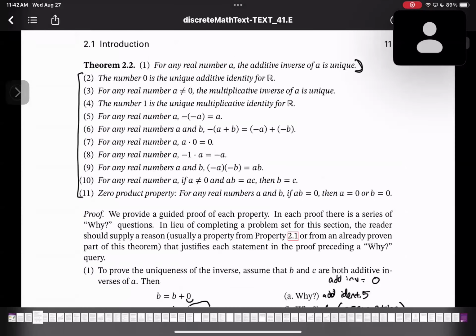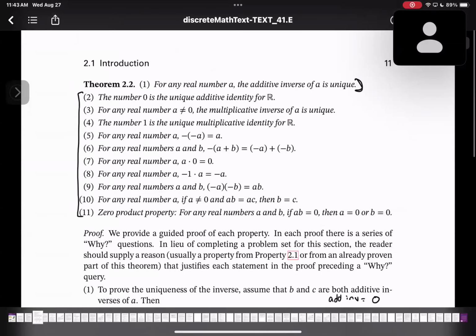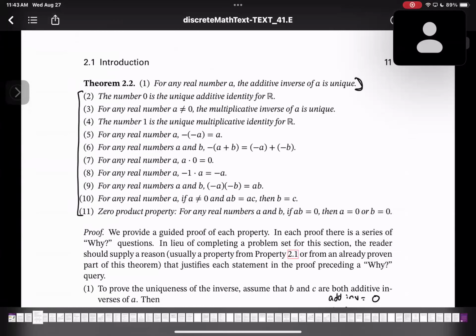At each step of the way, it provides us all of the steps, and at each step we're either choosing to supply one of the properties that we assume, or we're dealing with the ramifications of the assumptions that we made. So for example, for number 4, the number 1 is the unique multiplicative identity for R. So we know that 1 is a multiplicative identity.